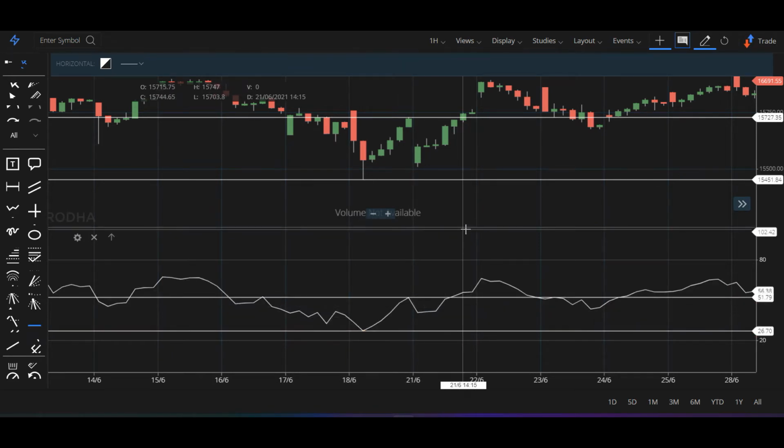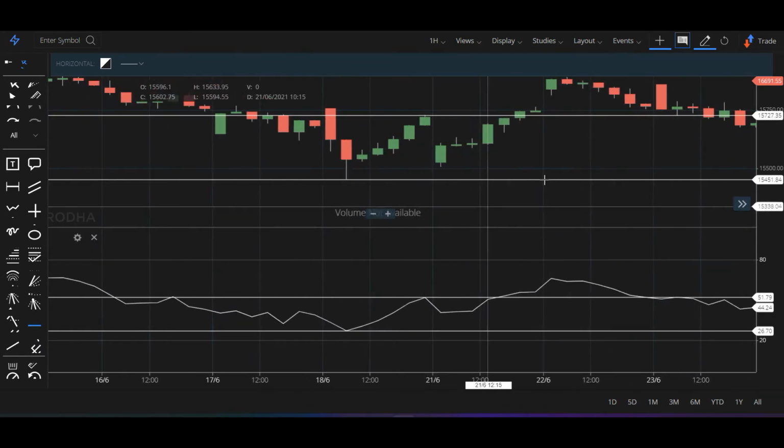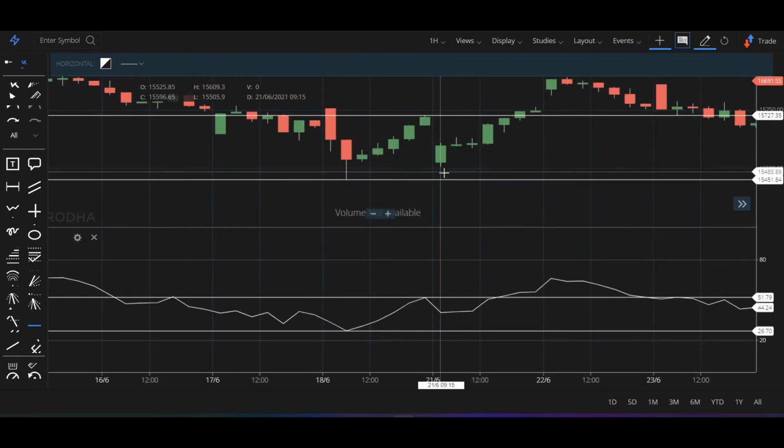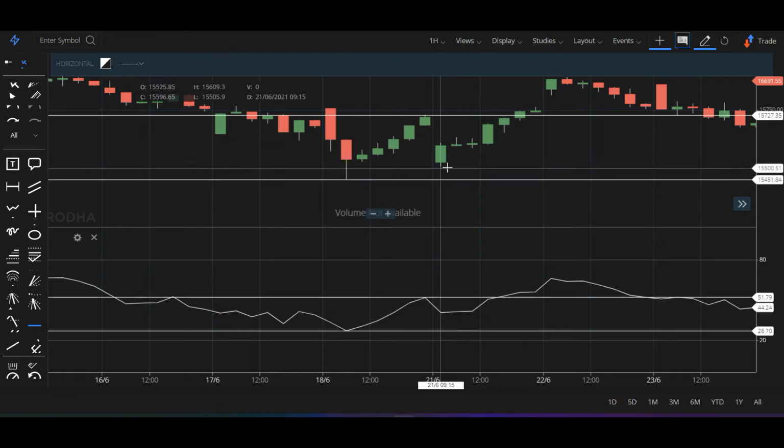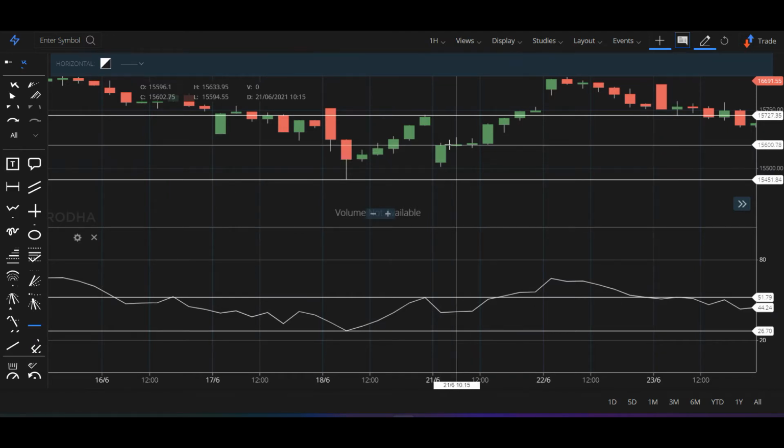Now what has happened is Nifty has opened above the support area. So this particular candle is telling you there is a positive side. Either you can take a long trade here with a stop loss at this particular level. You can combine this with your option chain and other things, which will help you at much more advanced levels.